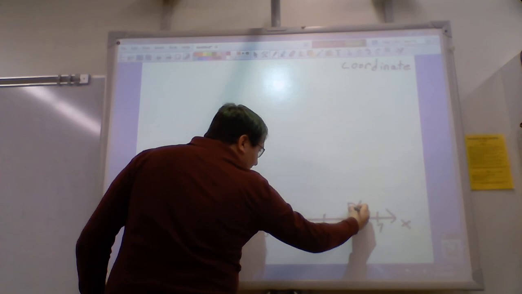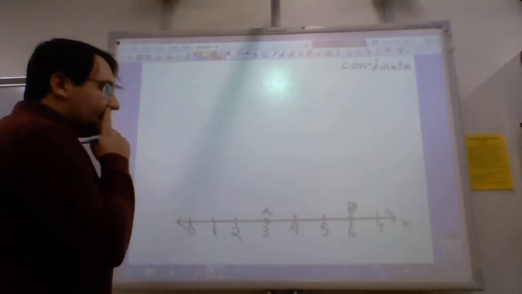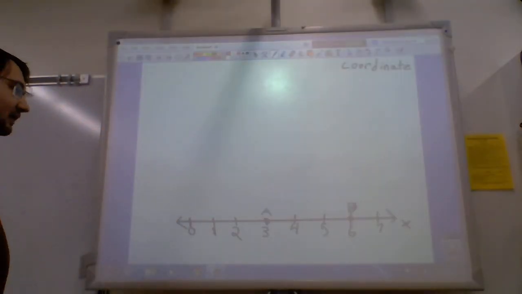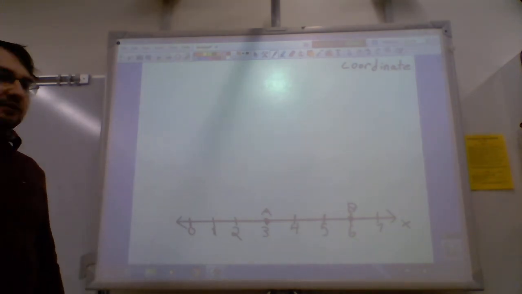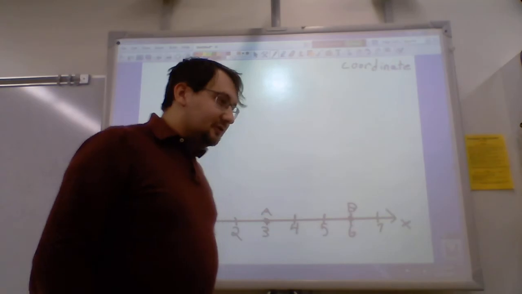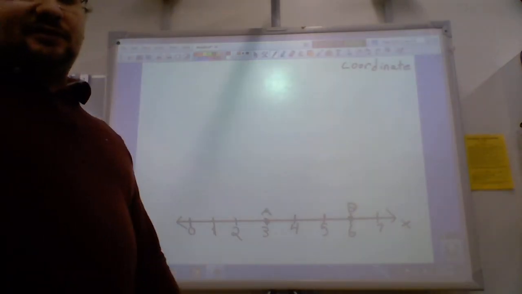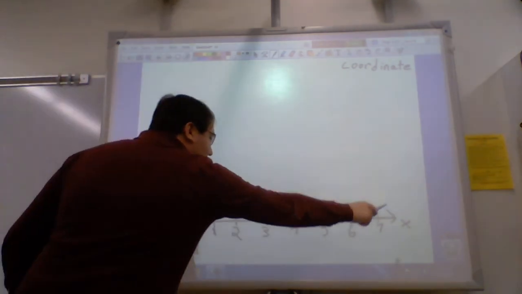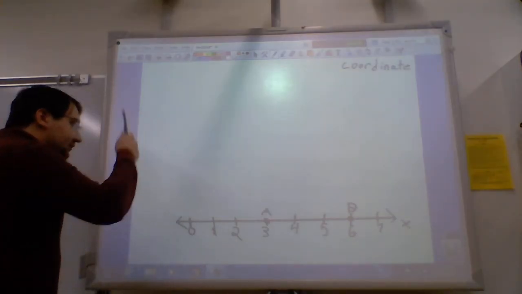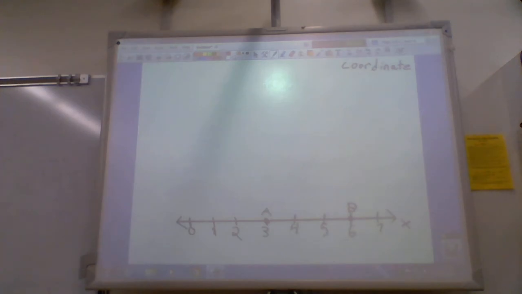Label it point B. The coordinate of B on line X is going to be 6, because it's at the number 6. We also talked about how number lines don't just have to go this way. They could also go up and down. They could go diagonal.